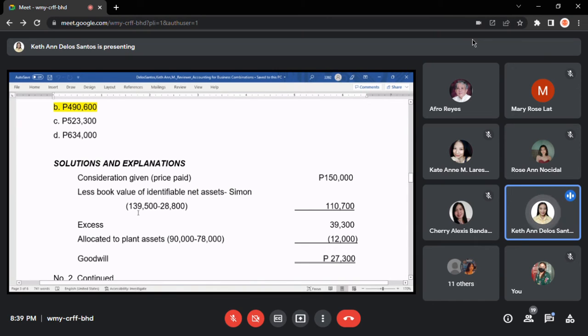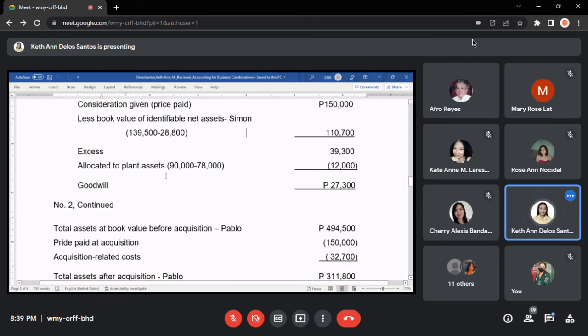Yung 139,500, yun yung total liabilities and owner's equity. Less natin yung liabilities kasi nga ang kinukuha lang natin ay yung net asset ni Simon. Kaya ang total niya ay 110,700. With excess of 39,300.